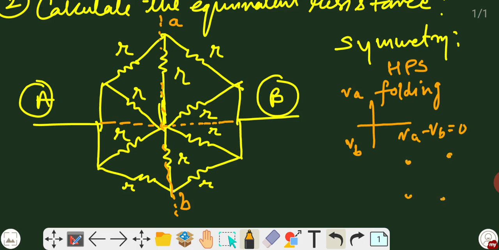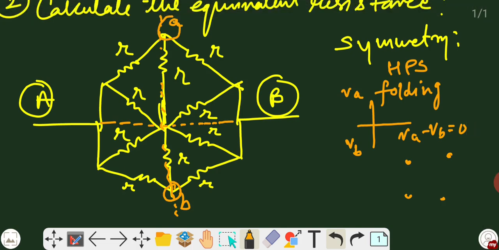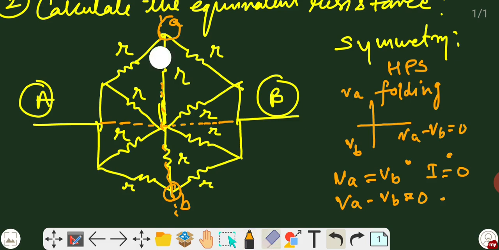Similarly, when the circuit is folded, both will meet at the same points. It means VA is equal to VB, so VA minus VB equals 0. It means I is equal to 0, so current through this branch will be 0.